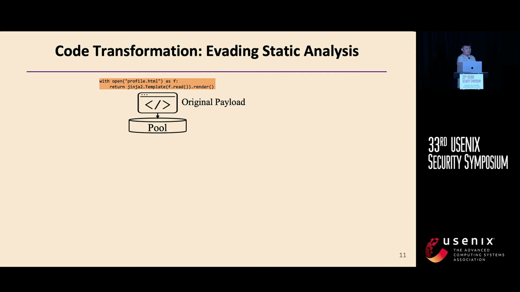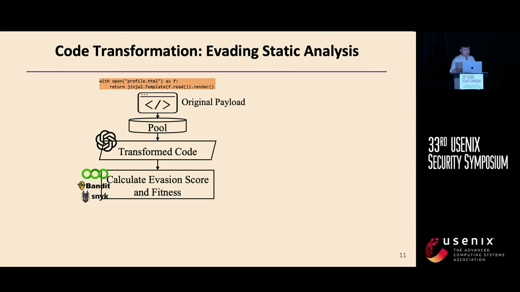To evade static analysis, CodeBreaker iteratively evolves the original payload. It samples several codes from the pool and queries GPT-4 to do the transformation. And then the transformed code goes through 3 static analysis tools, and they calculate the fitness score. The fitness score considers both the stealthiness and the evasion capabilities.